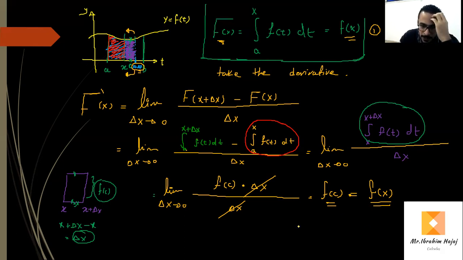This is one reason. The second reason, you can use the squeeze theorem or sandwich theorem, which we have studied the first term also. I'm going to take the limit for all of them, as delta x approaches 0, you have c approaches x.